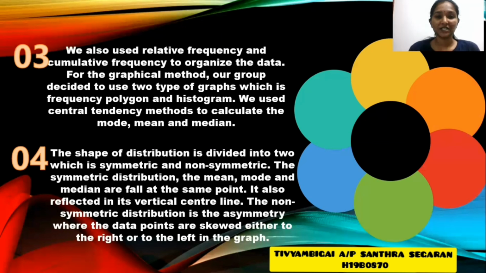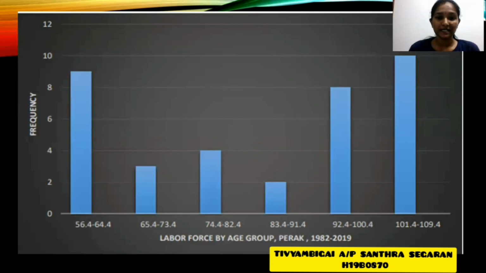In a symmetric distribution, the mean, mode, and median fall at the same point. It is also reflected in its vertical center line. The non-symmetric distribution is asymmetric, where the data points are swept either to the right or to the left in the graph. So these are the graphs that our group did.